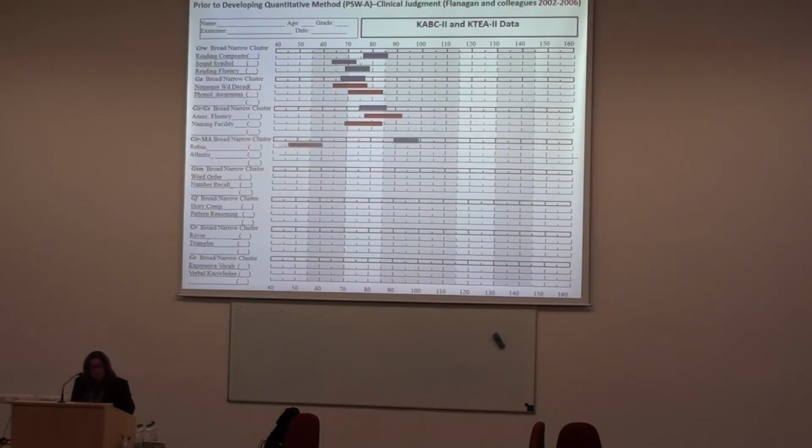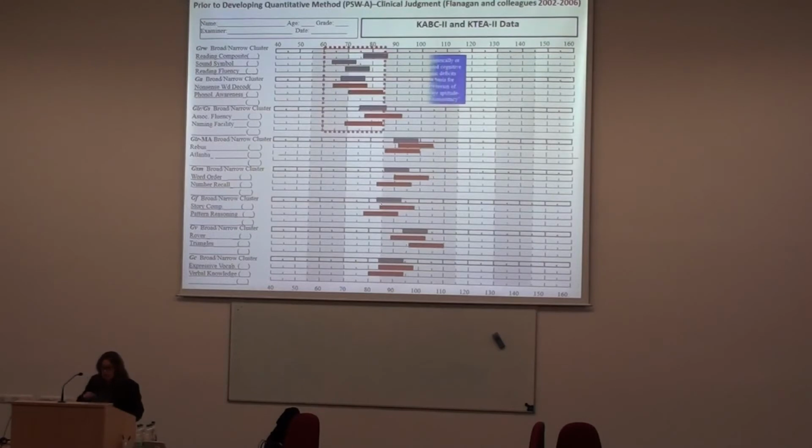And then we have areas in Glr and Gsm and Gf and Gv and Gc, which are all kind of falling within normal limits here, where these are below, fall outside of below normal limits. And so the areas that fall outside and below normal limits, that's like your two bottom ovals.